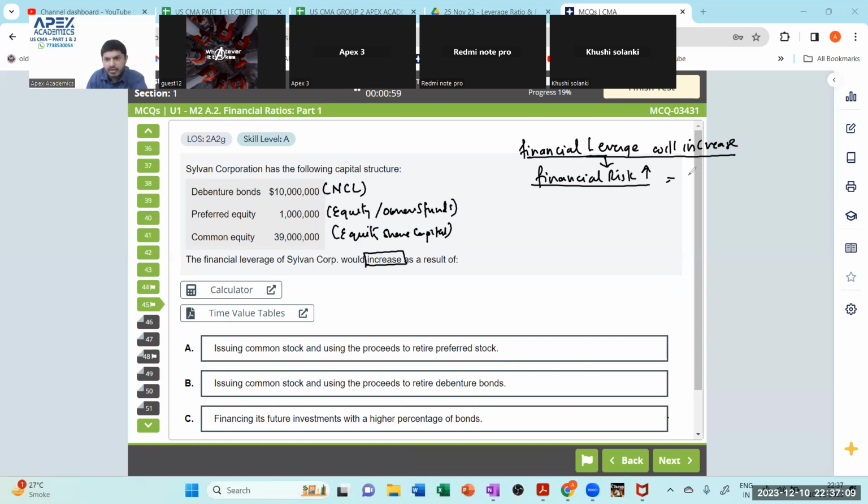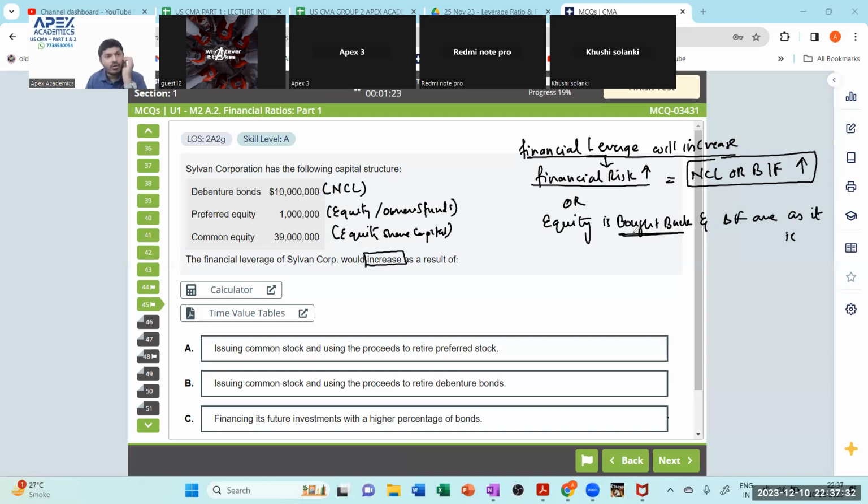Financial risk increases when non-current liabilities or borrowed funds increase, or equity is bought back and borrowed funds stay as they are. Bought back means equity तुम लोग बाय बैक करोगे तो तुम्हारी इक्विटी कम हो जाएगी और तुम्हारे बोरोड फंड जैसे के तैसे रहेंगे, तो तुम्हारा क्या हो जाएगा? जिधर भी फिर तुम्हारा you will have more of debt.